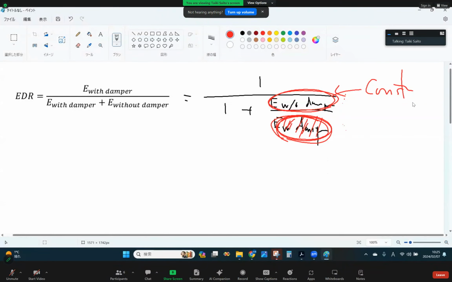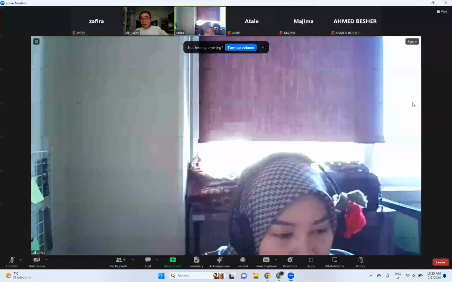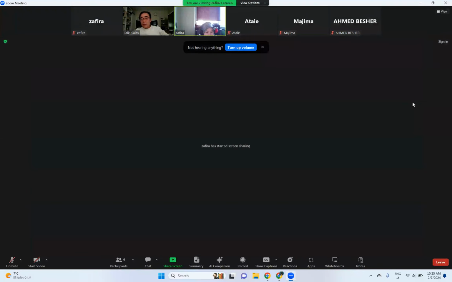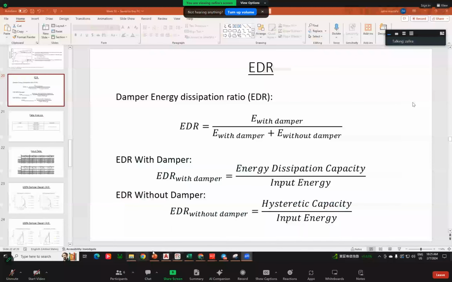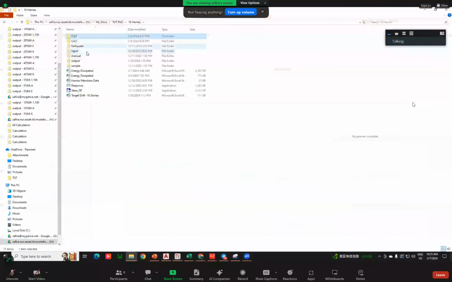Did you do the hysteresis of damper in each case? I didn't put it inside the slides, but I can open it. Sometimes hysteresis is not stable because of the time step.